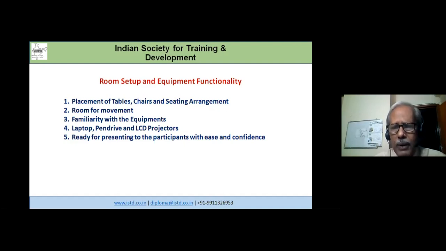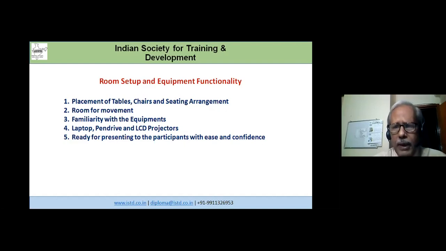Familiarity with the equipment. The trainer must be familiar with the equipment: the LCD projector, the laptop that is going to be used, and if there is a pointer to be used for the PowerPoint presentation. Not only must the trainer be familiar, it should be ensured before the training starts that things are working rightly.